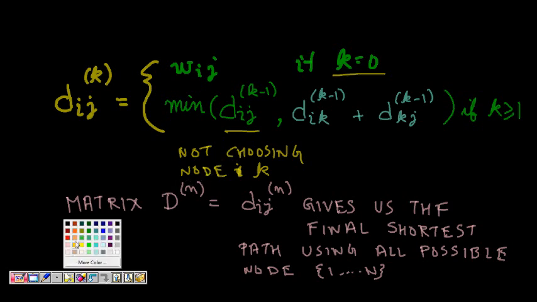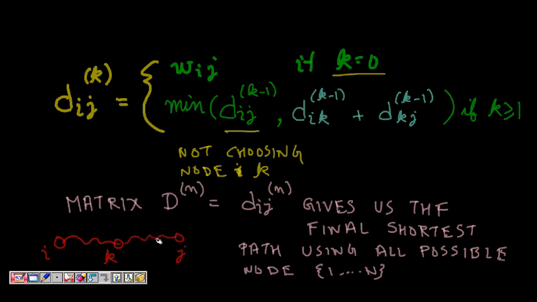But if there is the kth node in between, then what will happen? So this will be the kth node. The first path will be from i, and then j will be there. So this k will be the intermediate node. Now I can say, because I already know all the paths from i to k using k minus 1 nodes, this is p1, this is p2.